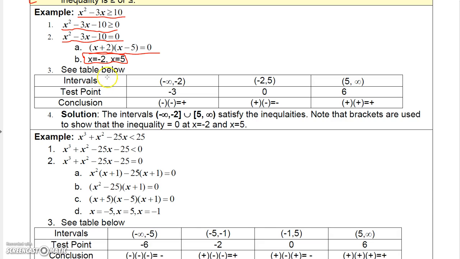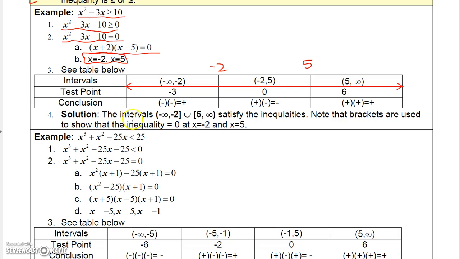Now we can call those critical numbers, but basically you do a table where the table really just represents your x-axis. The critical numbers negative 2 and 5 break up the x-axis into 3 intervals: everything left of negative 2, everything between negative 2 and 5, and everything to the right of 5.